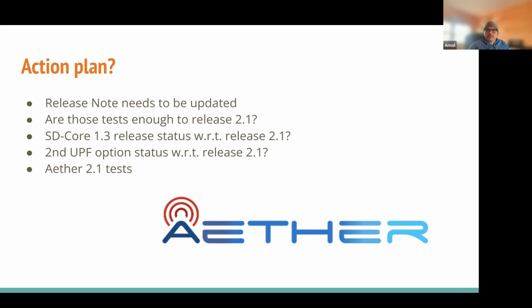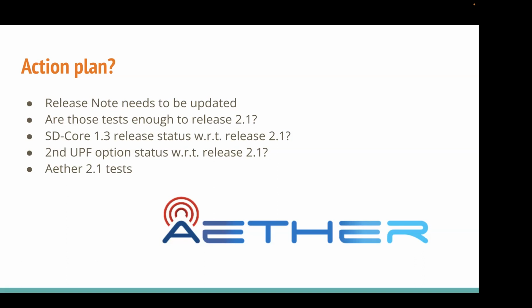SD Core team, do you want to say something about that? Yeah, I think last time I had a discussion with Ajay and the team for this. It depends, because we have some recommendations from the Intel side that we need to do some security procedures before we can release this SD Core code. So we probably need some time to run those procedures.